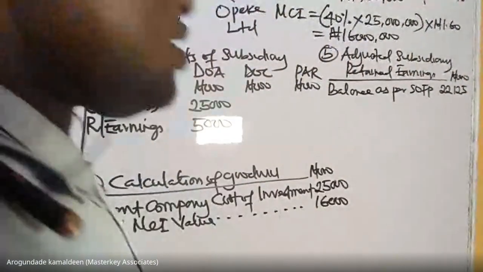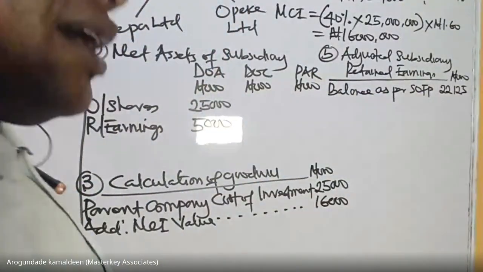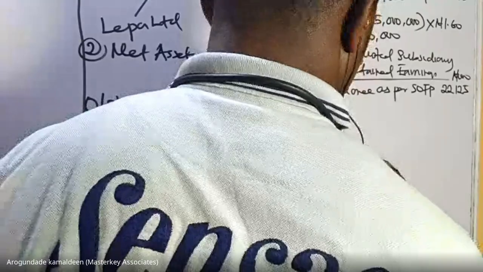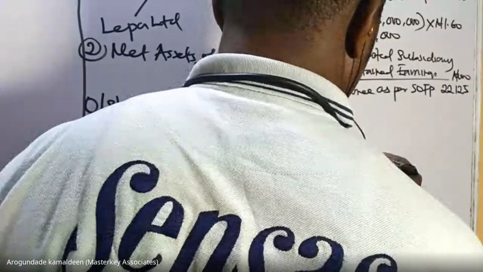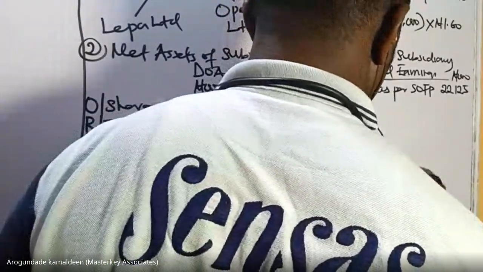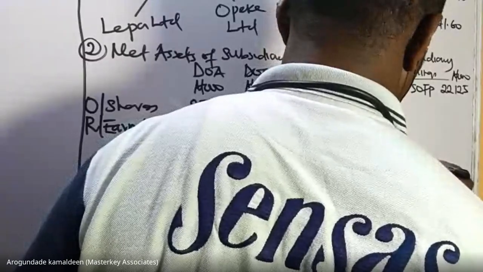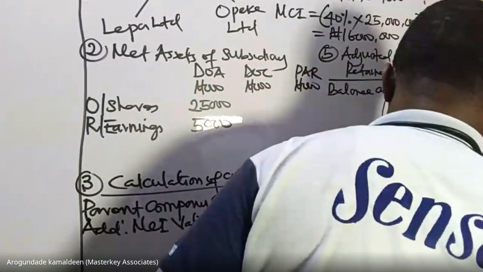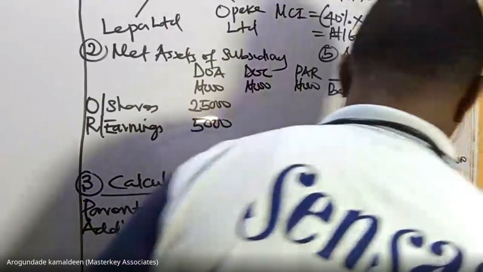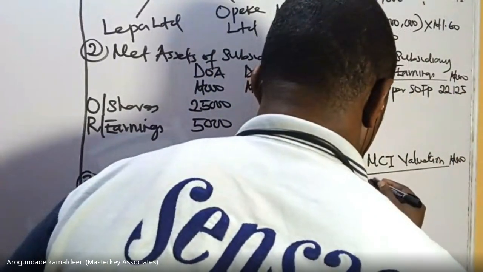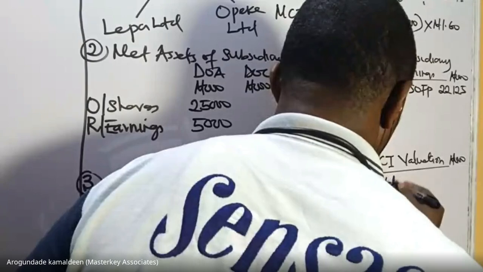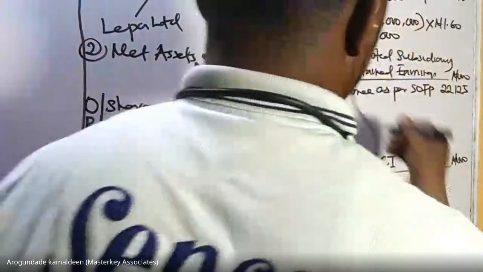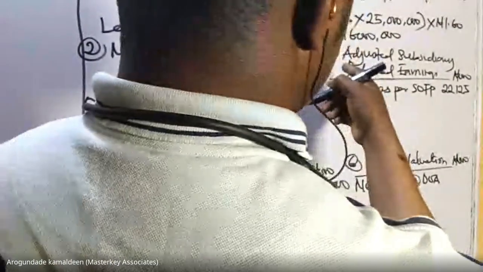My people, after this now is your NCI. Note 6, NCI valuation. So the NCI value at DOA here, we got 60 million.